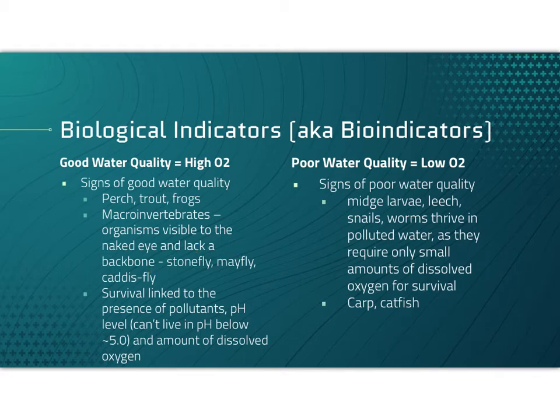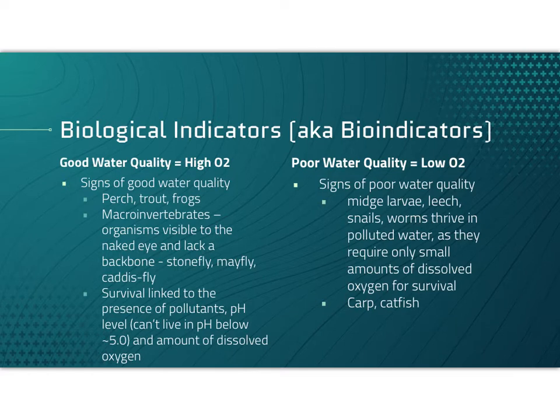And their survival is linked to the presence of pollutants and pH level. So they can't live in a pH below 5. Therefore, none of these will be there if there's less than 5 pH. And they have to have a high amount of dissolved oxygen, otherwise they also don't live there very comfortably.